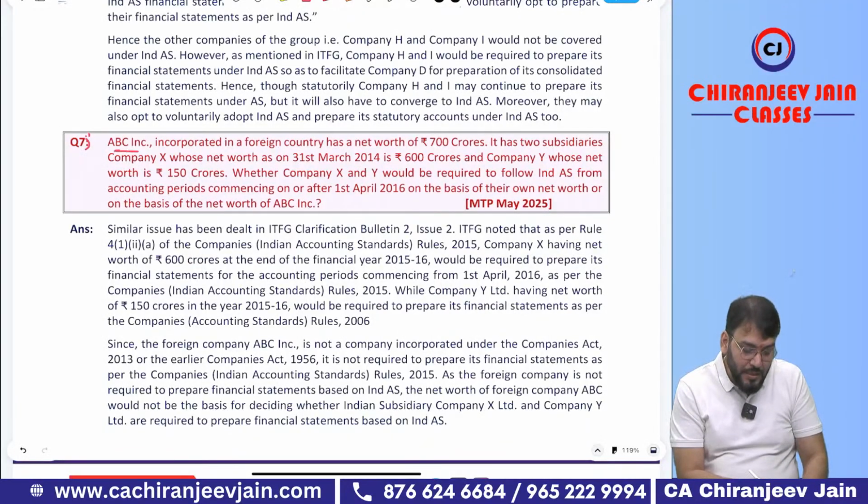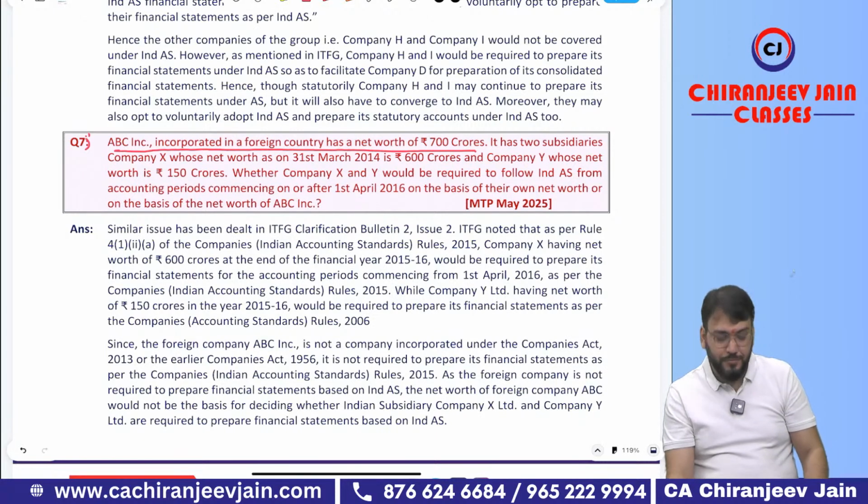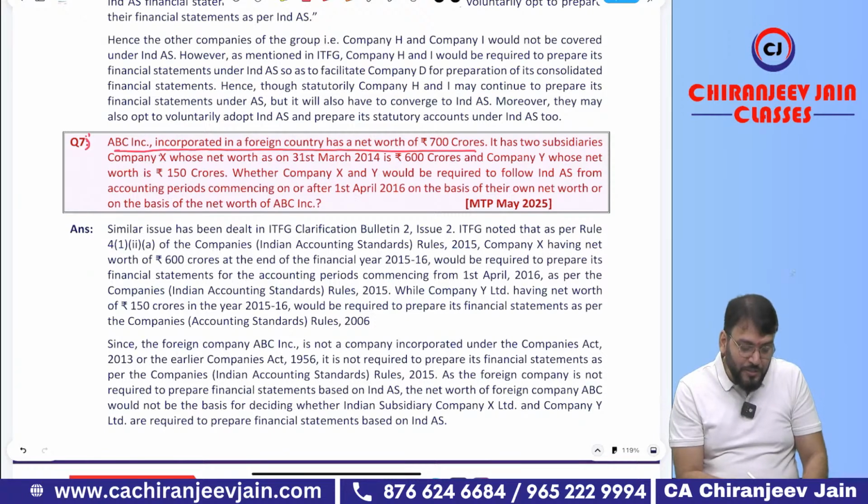Question number 7. ABC Incorporation, incorporated in a foreign country, has a net worth of 700 crore.